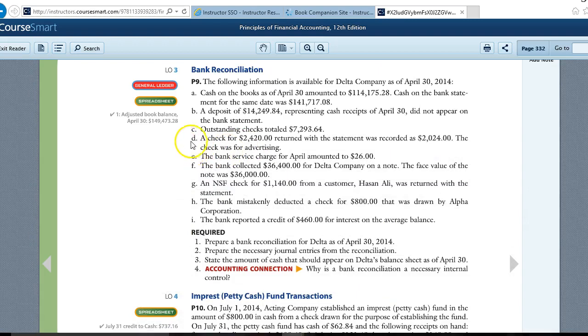Then a check for $2,420 was returned with the statement and was recorded as $2,024. The check was for advertising. So we incorrectly showed it as $2,024 when it really was $2,420. How off were we?